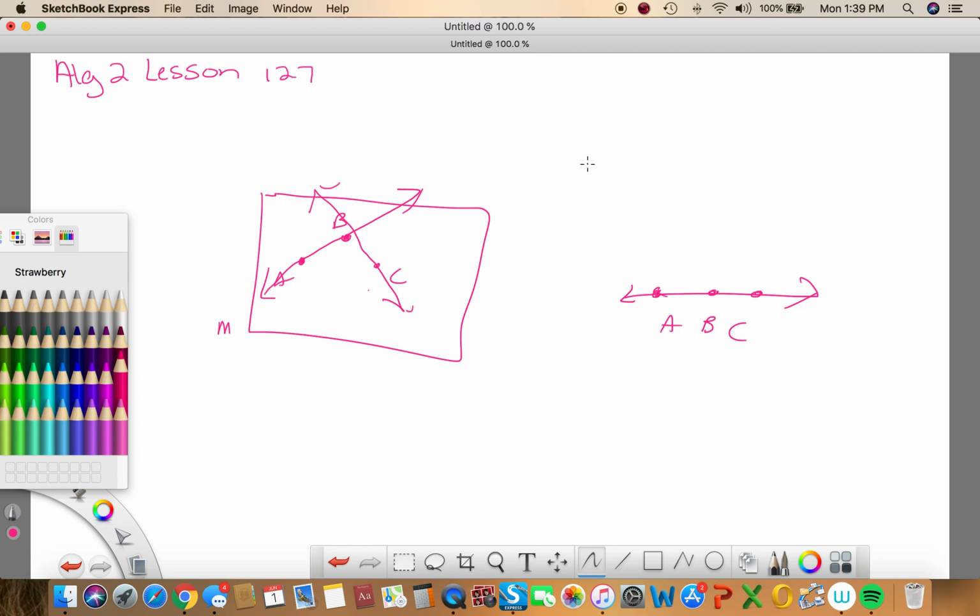Now, skew lines. This one's always difficult. It's very abstract because it looks like, well, if lines go on forever, then at some point they're going to cross. But skew lines are lines in space that are neither parallel nor do they ever intersect.